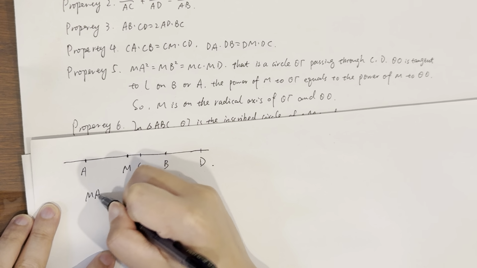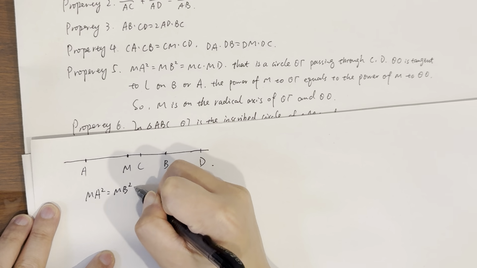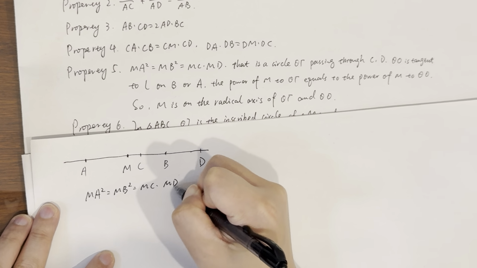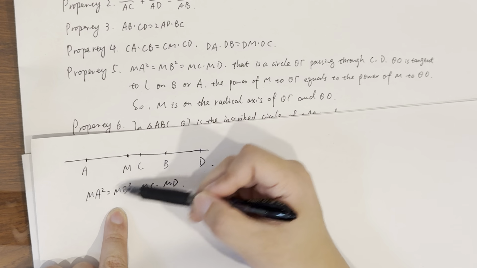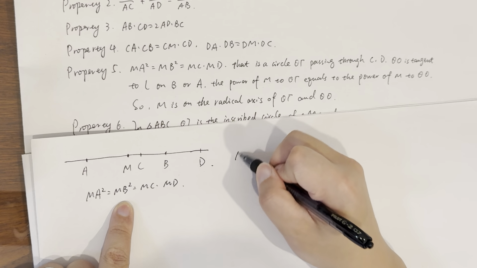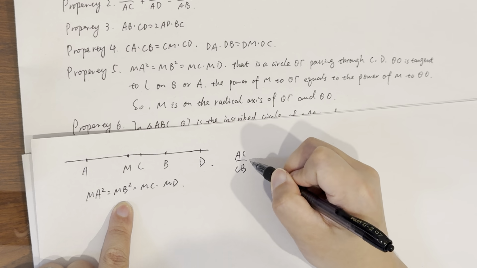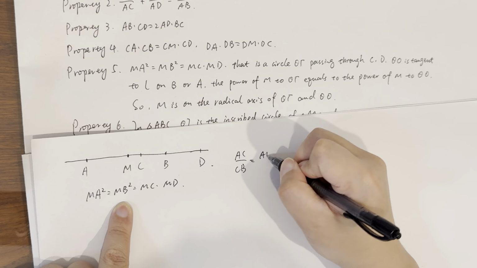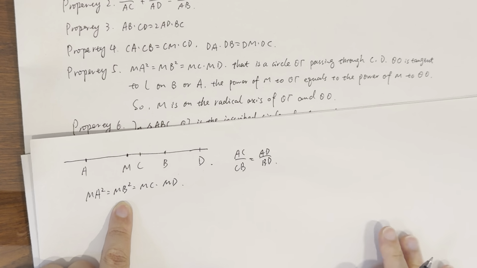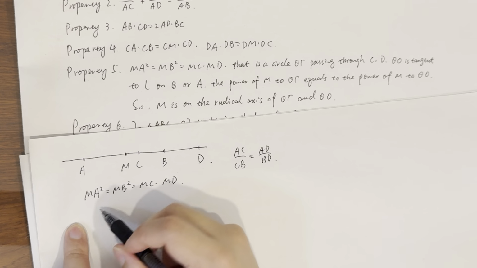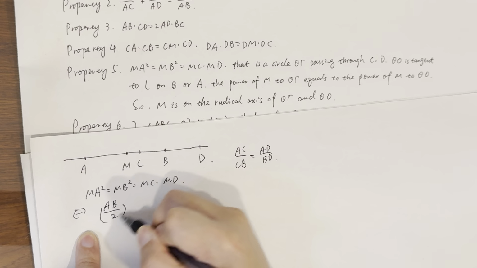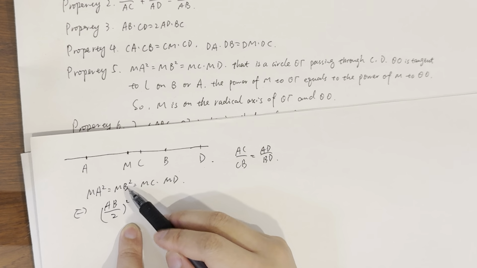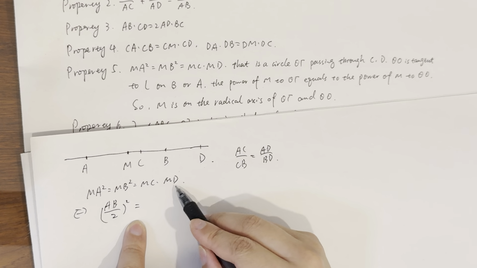We want to prove that MA squared equals MB squared equals MC times MD, right? And we already know AC to BC equals AD to BD. So basically we want to prove AB divided by 2 squared, which is MB squared, equals MC times MD.